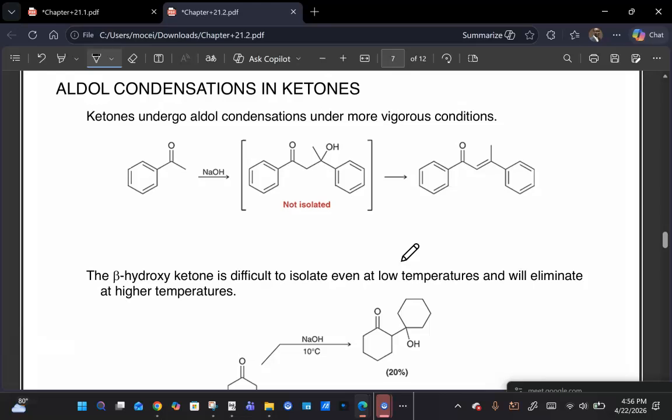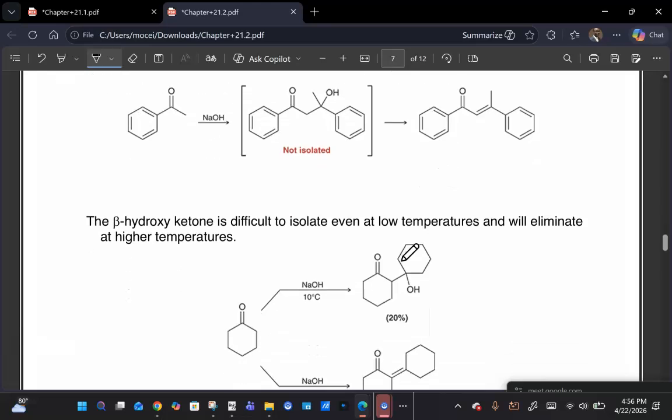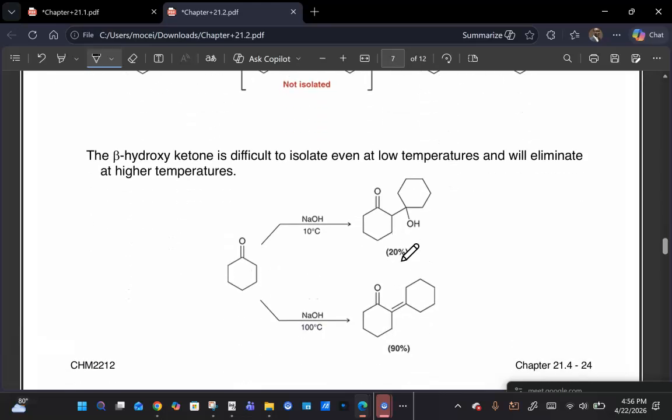Ketones undergo aldol condensation under more vigorous conditions. So you see, what you are saying here is that if there is no heating, the yield will be so low, it will not react that much.